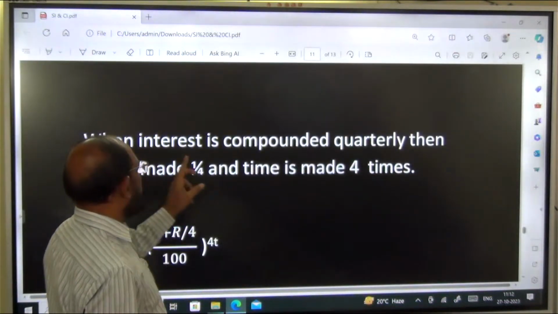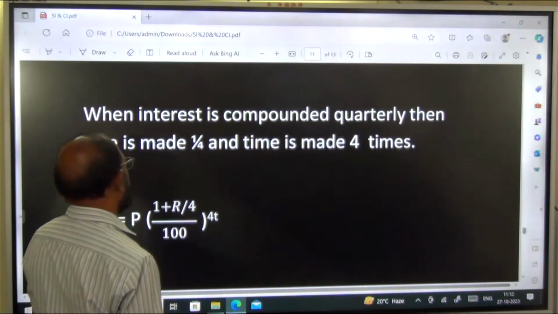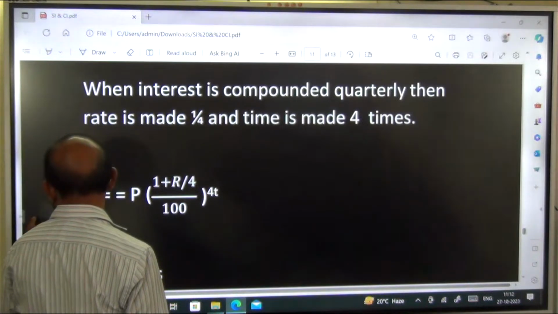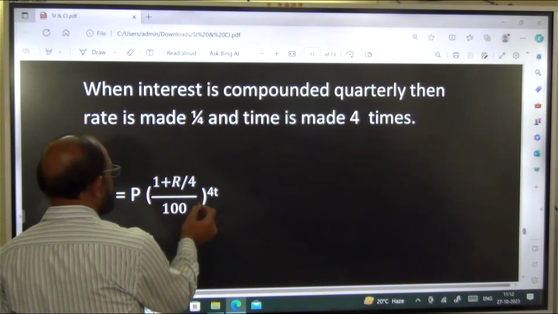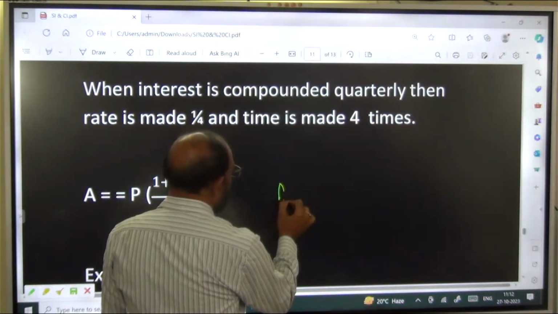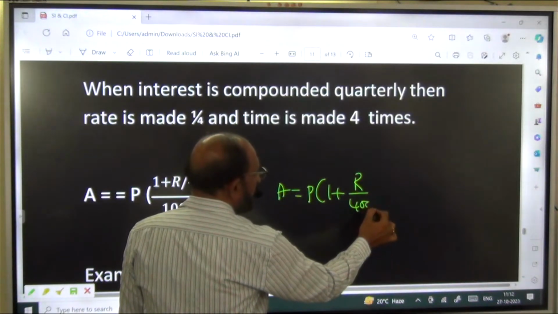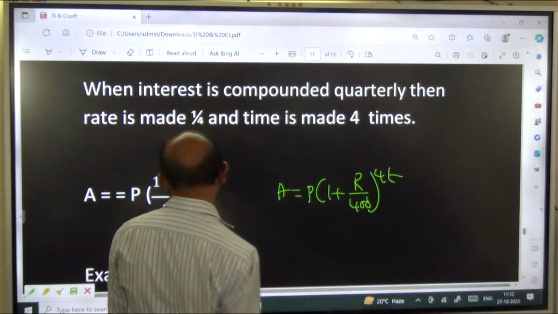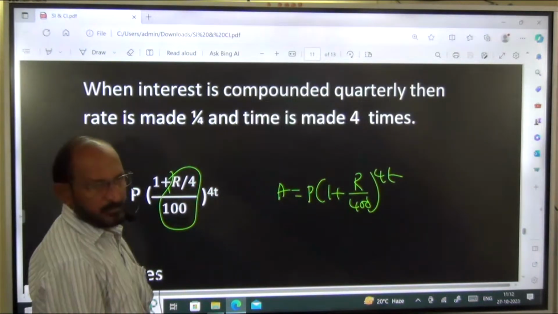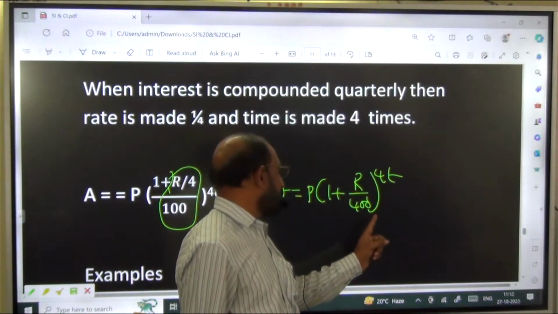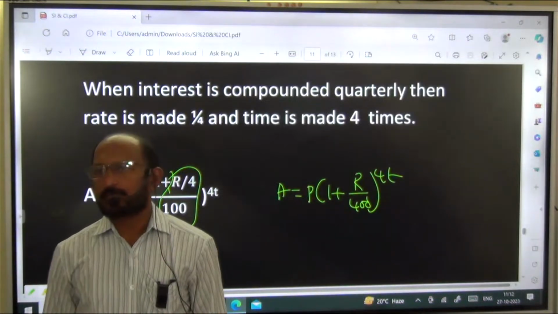When the interest is compounded quarterly, that's another formula. Amount is equal to P into 1 plus R by 400 whole power of 4n. That's all. R by 4, this is only 1 plus R by 4, 1 plus R by 400 whole power of 4 times. 4 times we have to take.